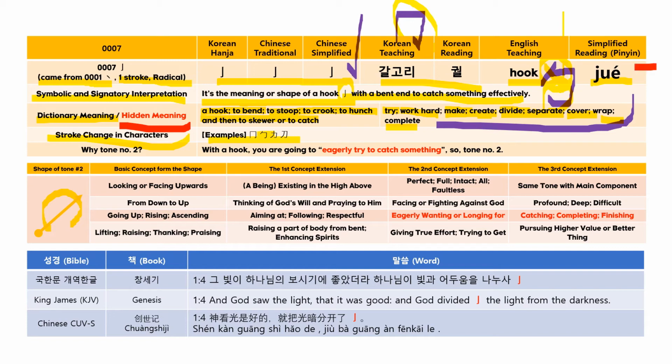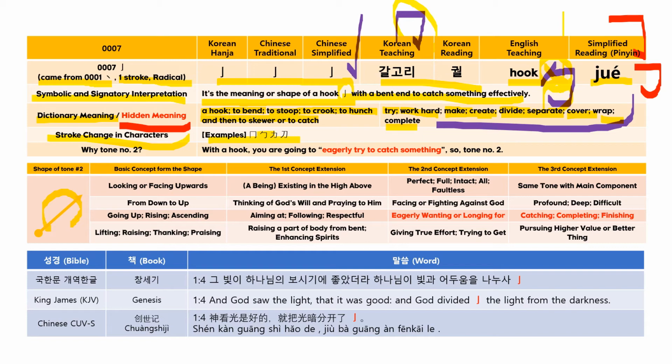So this shape is also the hook. Okay, and power and force and knife, you can see that the stroke changes. Never mind at this time because I will explain to you whenever it comes.